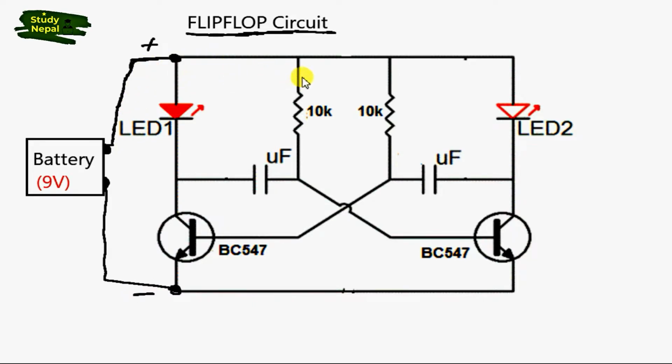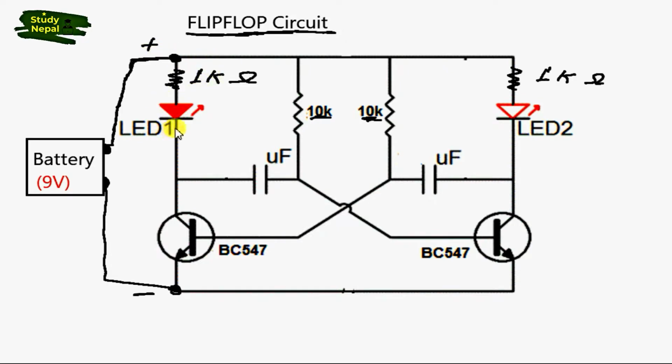We have 2 resistors with a value of 10k ohm, and we also have to connect a resistor here to protect the LED, and the value will be 1 kilo ohm. Same we have to do for the next LED also. We have to connect a resistor here with a value of 1 kilo ohm to protect the LED from damage. Now all the resistor terminals you have to connect to the positive terminal.